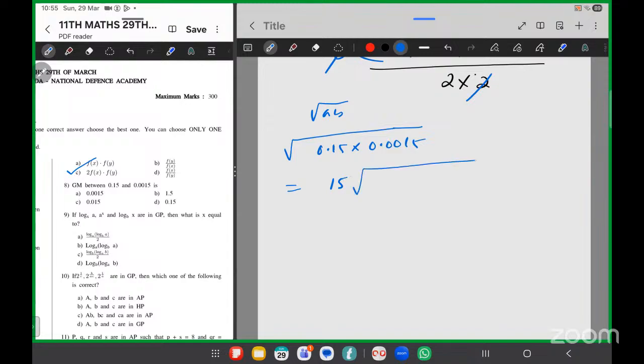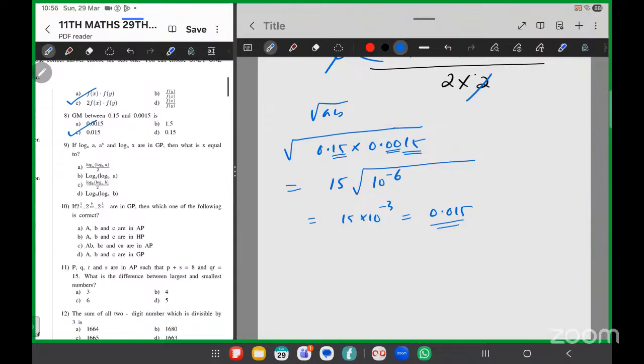How many decimals? 2, then 2 to 4, 3. So it is actually 10 raised to minus 6. 2 plus 2, so it will become 10 raised to minus 3. So 15 into 10 raised to minus 3 becomes 0.015. So option C is the correct answer.